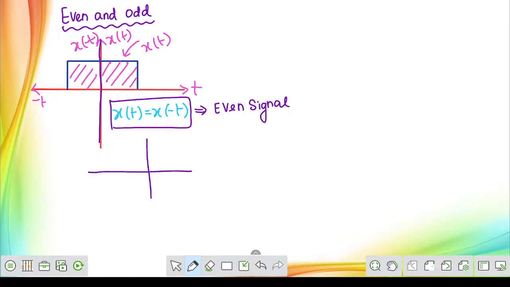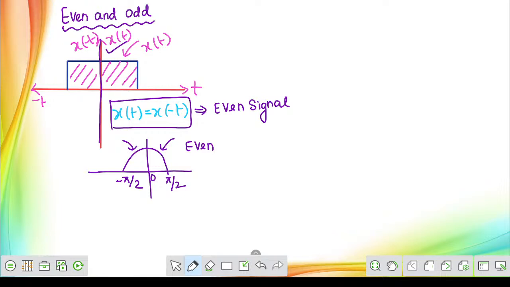If you observe the cosine waveform from the origin till pi by 2, and here up to minus pi by 2, see that the left hand side and the right hand side reflect the same nature again and again. So that is called an even signal. So cosine signal, square wave signals, any signal which is symmetric with respect to the y-axis is called an even signal.